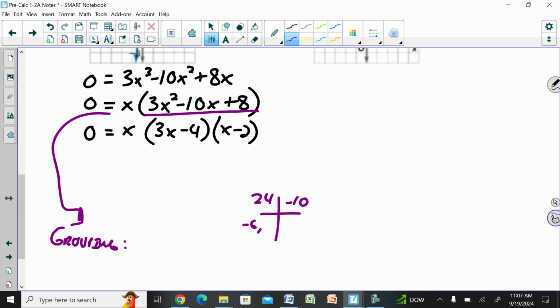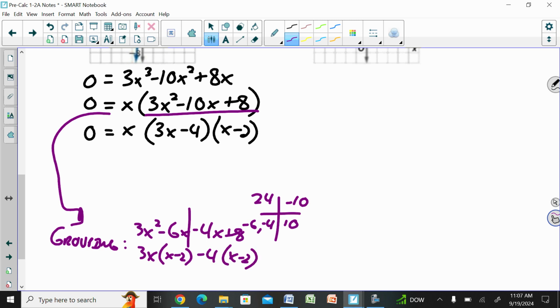It looks like -6 and -4 would be my values. So by grouping, I would have 3x squared minus 6x minus 4x plus 8. Then I group them here, and that's how I get 3x times x minus 2, and minus 4 times x minus 2, and that's how I get 3x minus 4 times x minus 2 to factor.